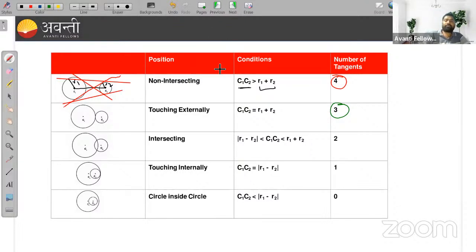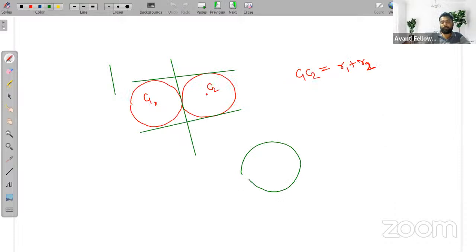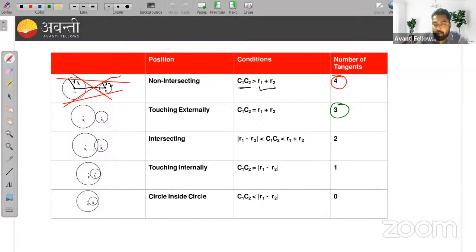Okay, so the second thing is, if the circles are intersecting each other, what will the case be? Now the length of C1C2 will be lying between the modulus of R1 minus R2 and R1 plus R2.